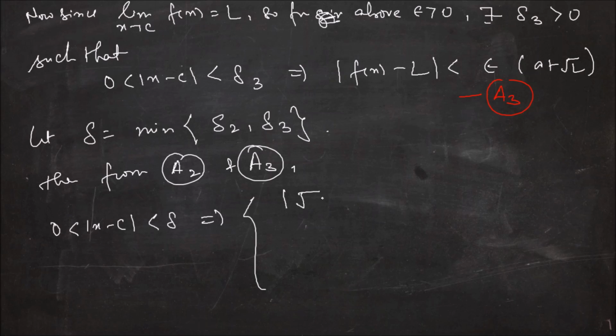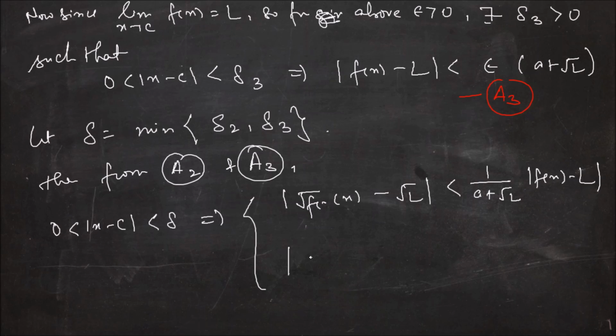First, modulus root of f x minus root L is less than 1 upon root a plus root L times modulus f x minus L, and second, modulus f x minus L is less than epsilon times root a plus root L. Now combining these two results, what do we get?